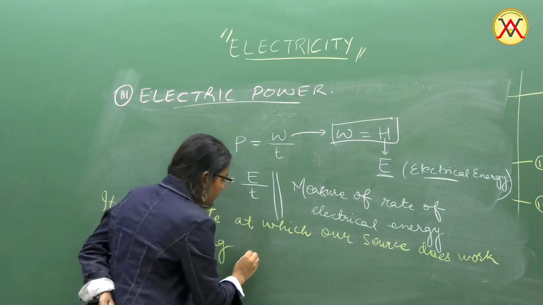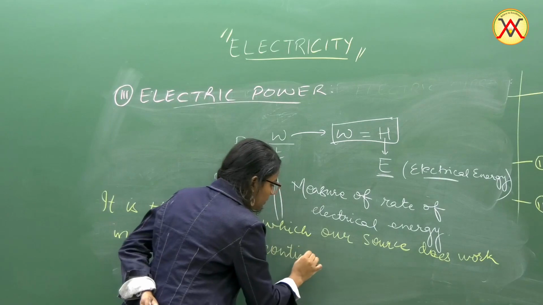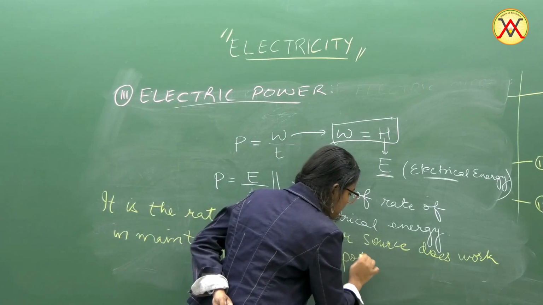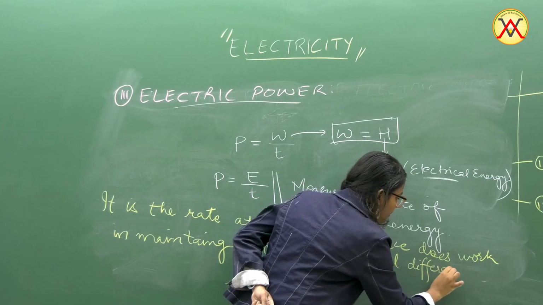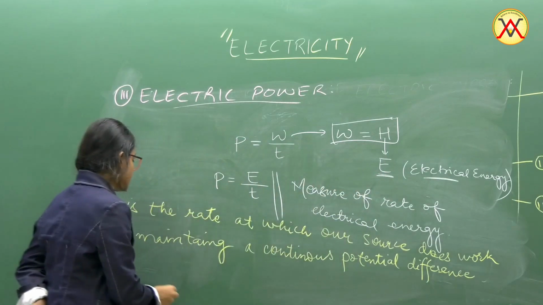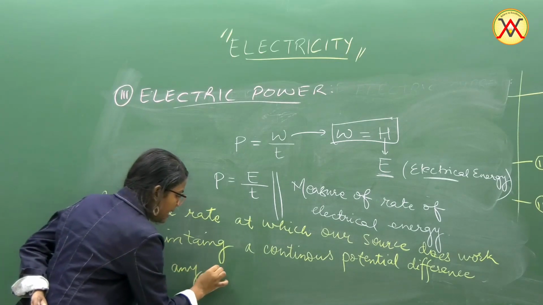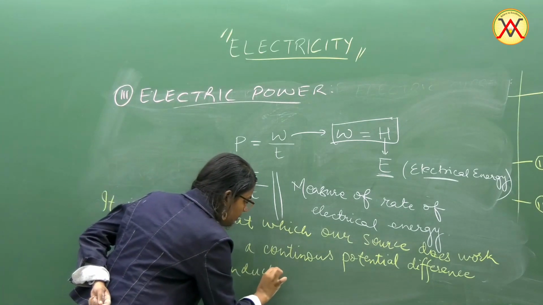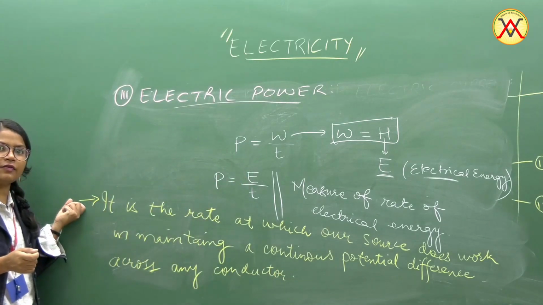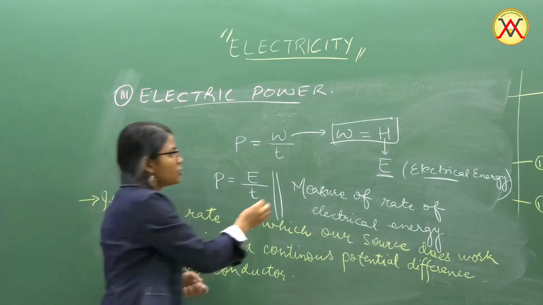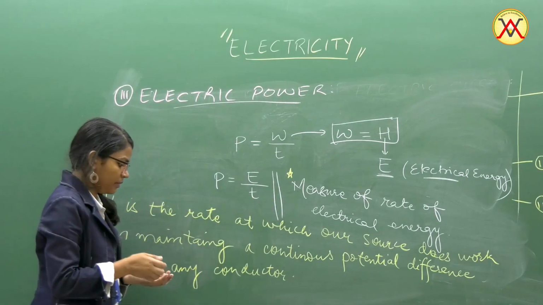In maintaining a continuous potential difference across any conductor. That is the technical definition of power, and in short, we say that power is the measure of rate of electrical energy. Alright.